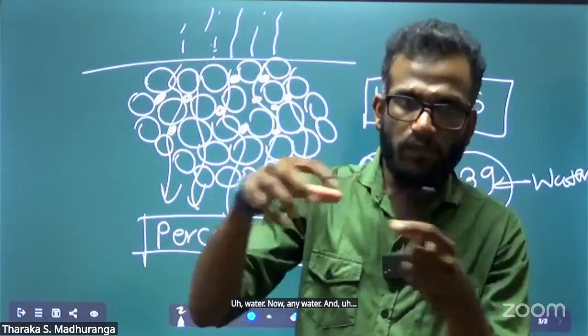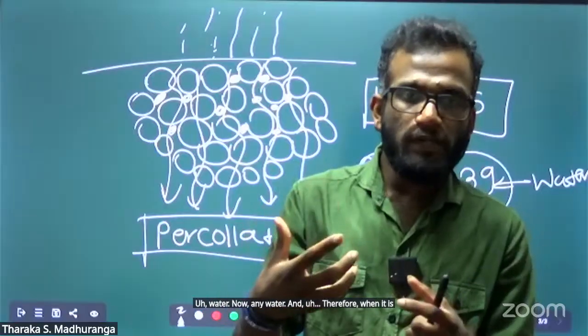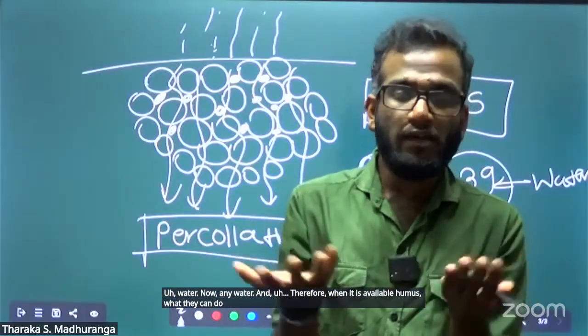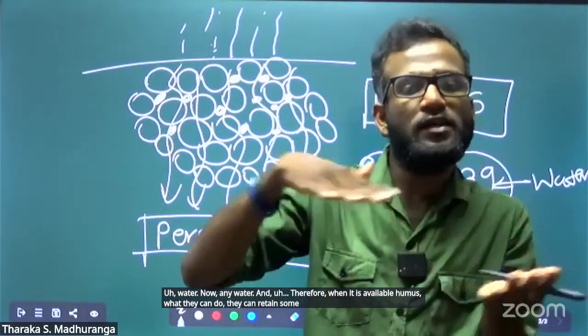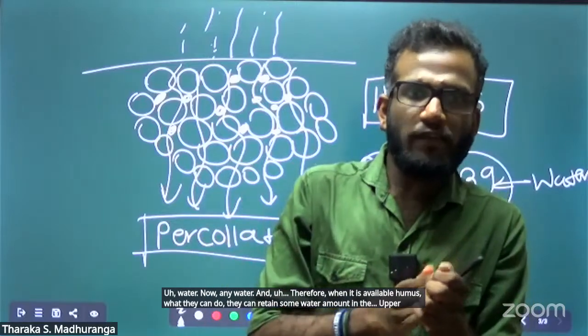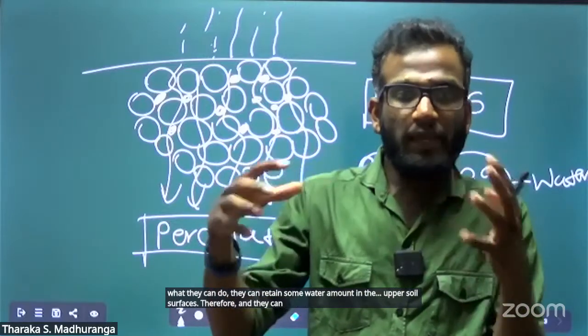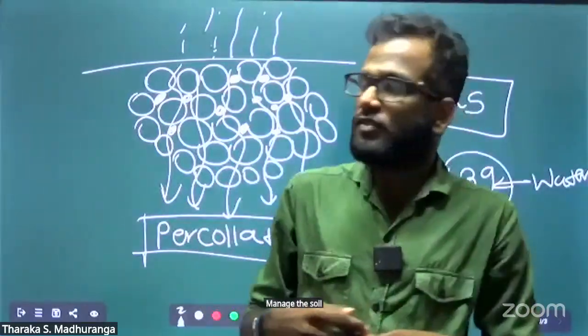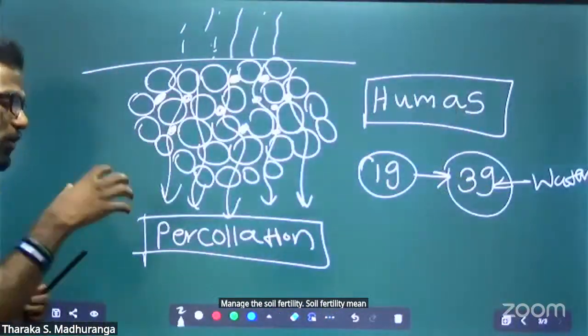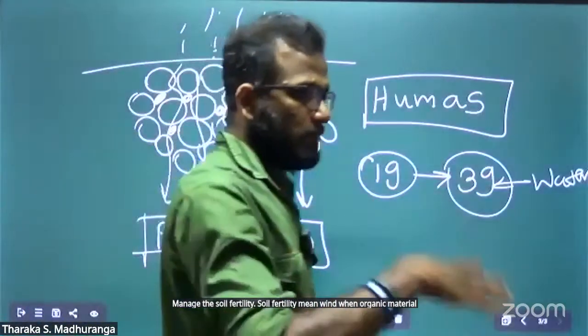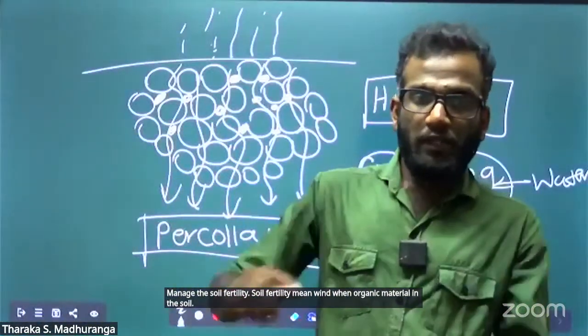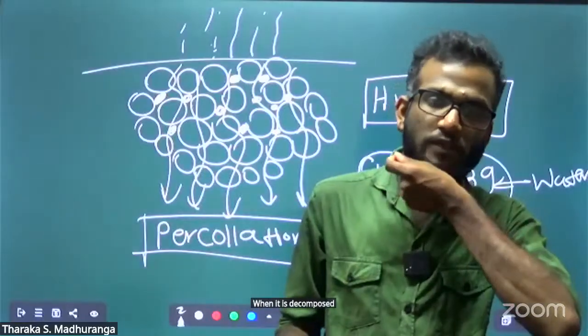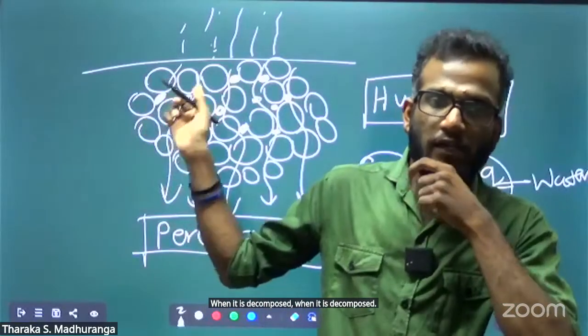Therefore, when humus is available, they can retain some water amount in the upper soil surfaces. They can make the structure of the soil and manage the soil fertility. Soil fertility means when organic material in the soil is decomposed, it produces humus.